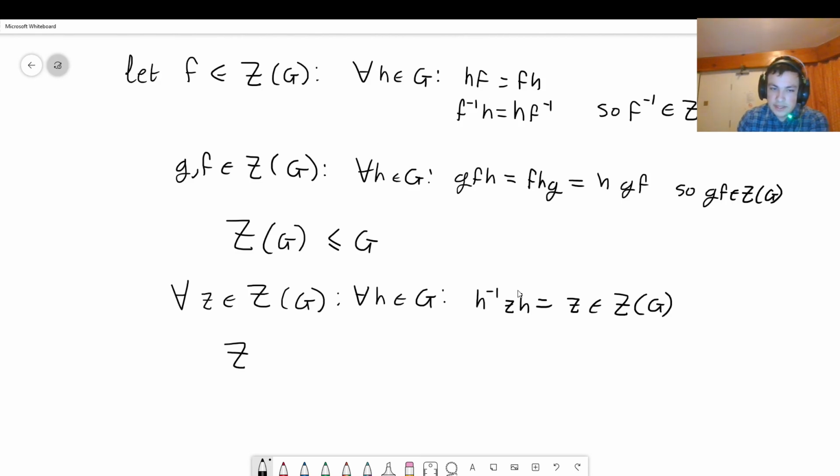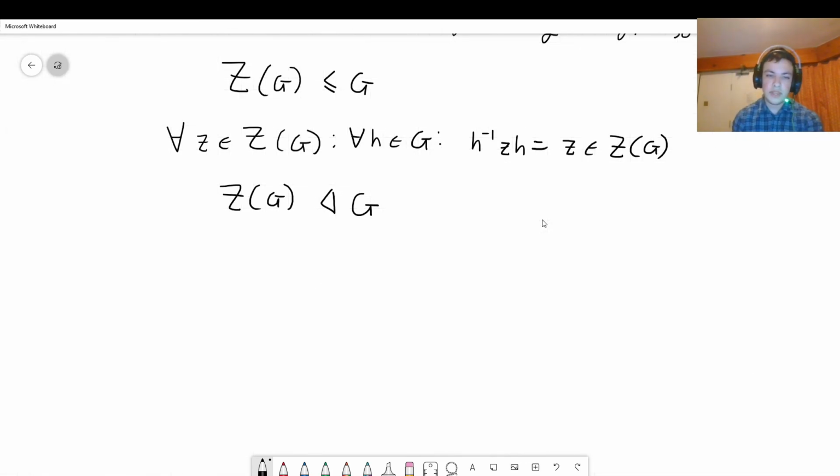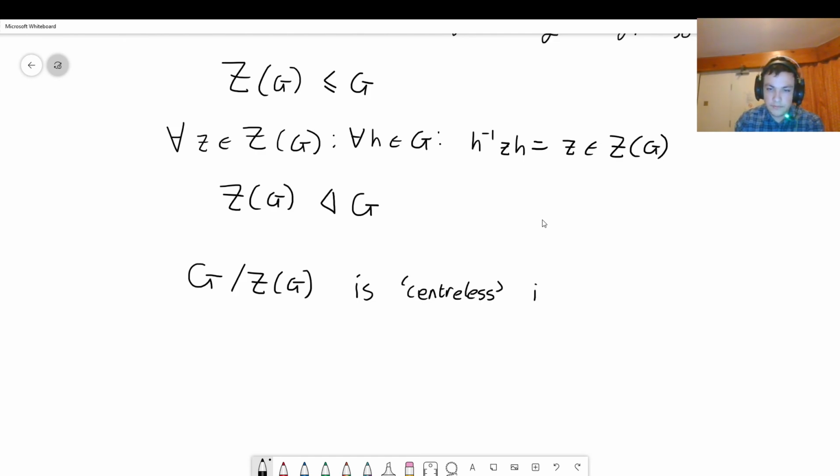So in fact, the center is an ideal of G. Not an ideal, a normal subgroup of G. And then we can take the quotient G over Z(G), and so we quotient out all of the elements that commute with all other elements, and then we lose that property; it is centerless. Which doesn't mean it doesn't have a center, because the center is always a subgroup, so it's just the trivial subgroup and no other elements.